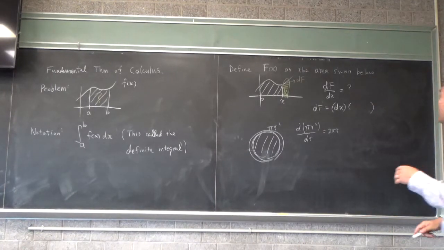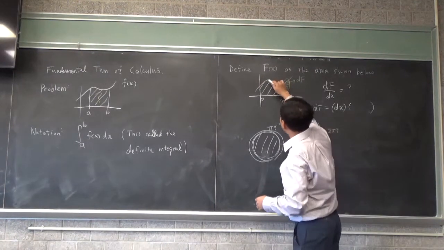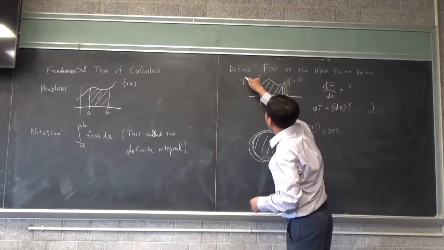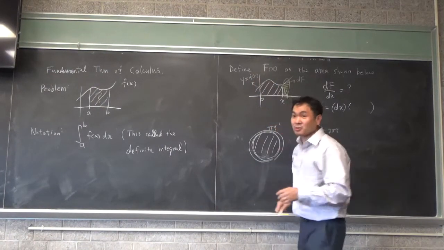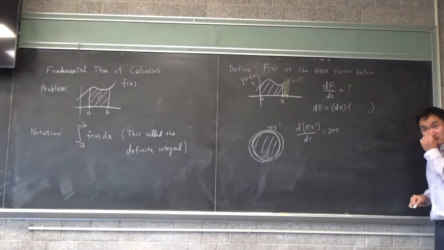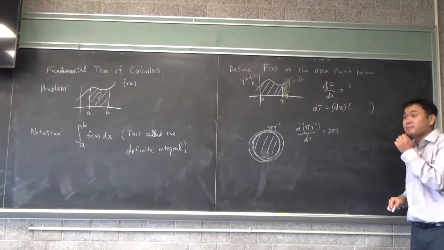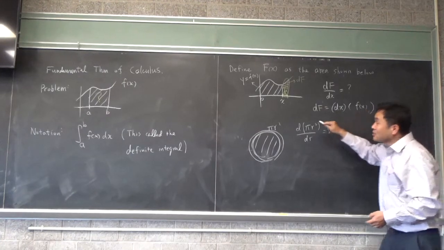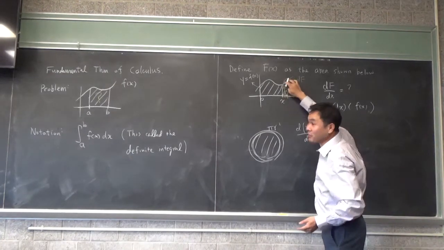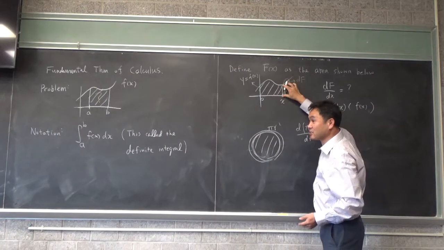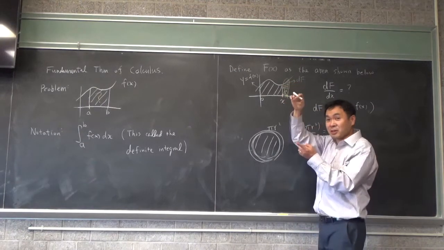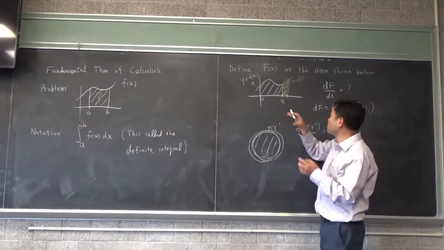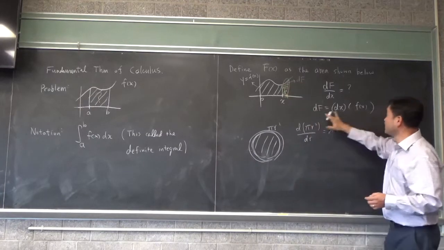Oh, there's something that I didn't tell you. This graph is what? This graph is y equals f of x, right? Okay, so if you know that, what's the height? f of x, that's the height, right? See, this length right here, above x, is f of x, and you multiply by dx to thicken it. That is the increase in the area.